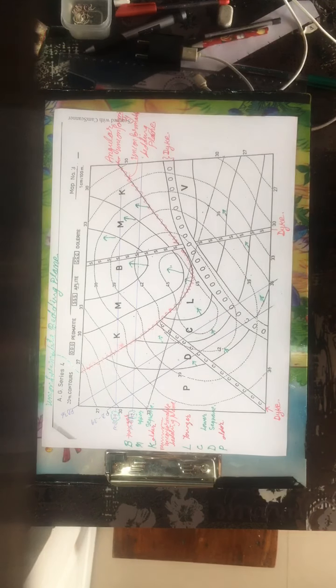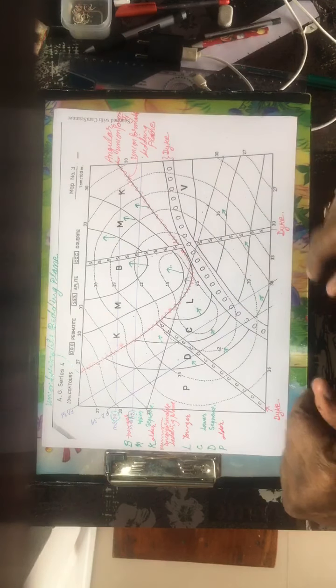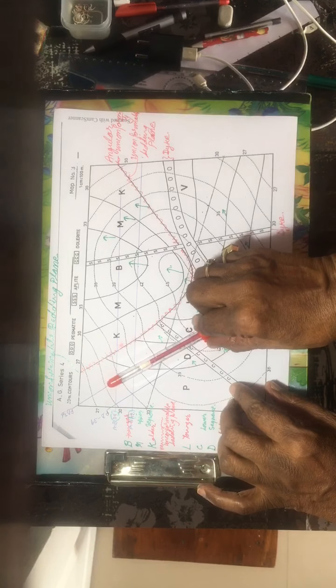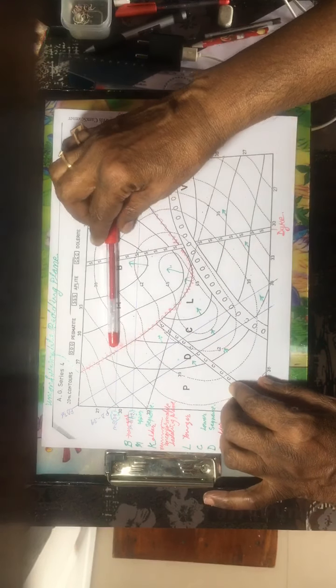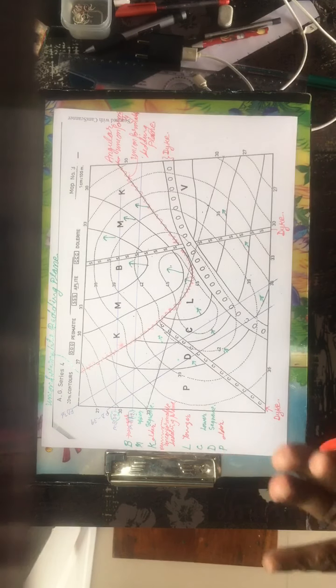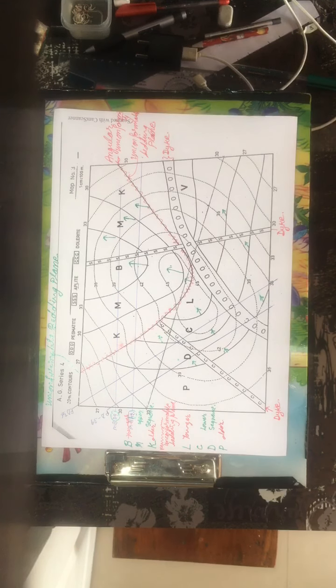So we have to find out these things with the help of the structure. First I drew 2 strike lines for this bedding sequence and 2 strike lines for this sequence. These are the orientations of the strike lines for the lower sequence, and these are the strike lines for the upper sequence, where in between there is the unconformable bedding plane, an angular unconformity. Now we have to find out the geological history of this area.